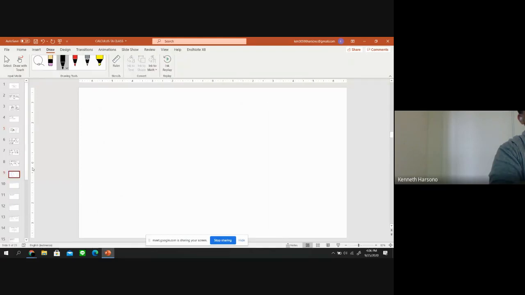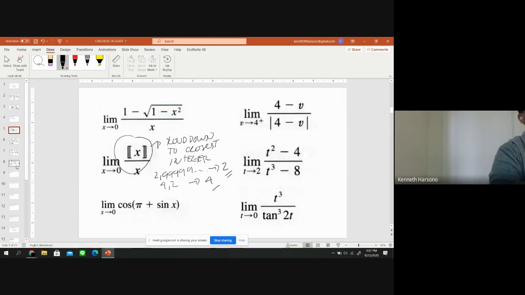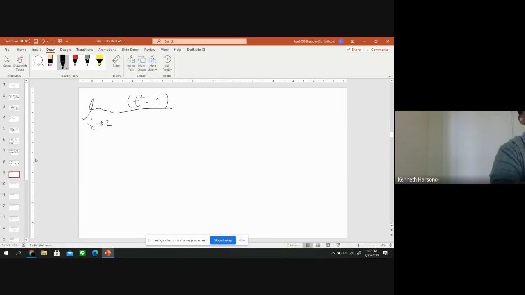Limit as t approaches 2 of (t squared minus 4) over (t cubed minus 8). First we try to substitute, and we get 4 minus 4 over 8 minus 8, which is 0 over 0.